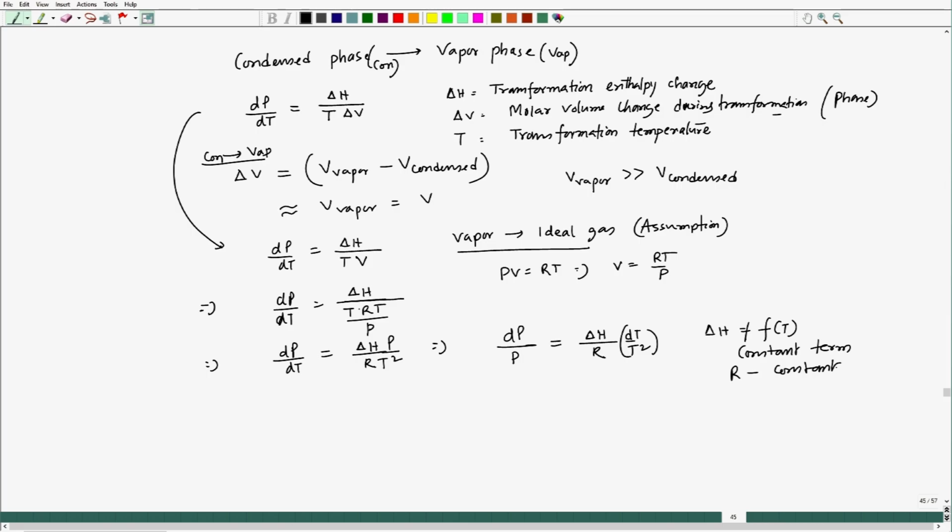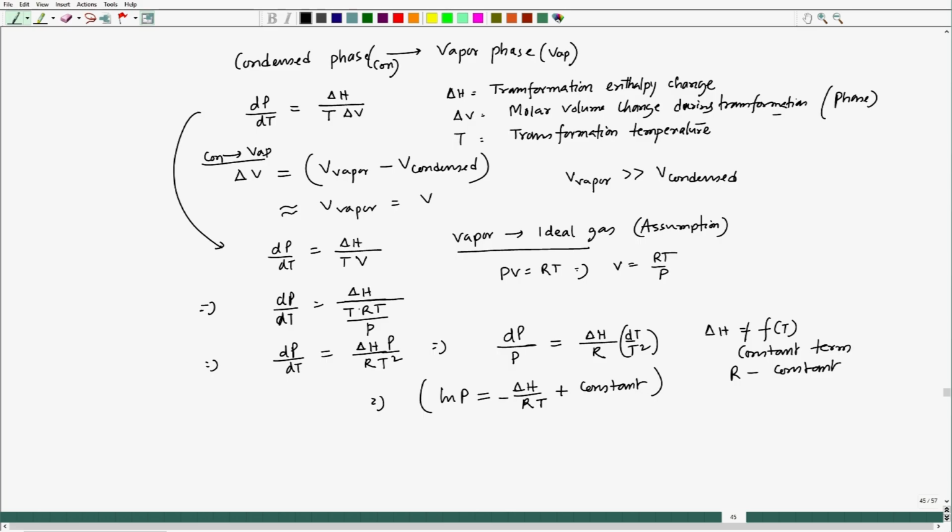That is what I have taken out. If I do integration, then I will get ln P equals minus delta H by R times 1 by T, plus a constant. I should get this.